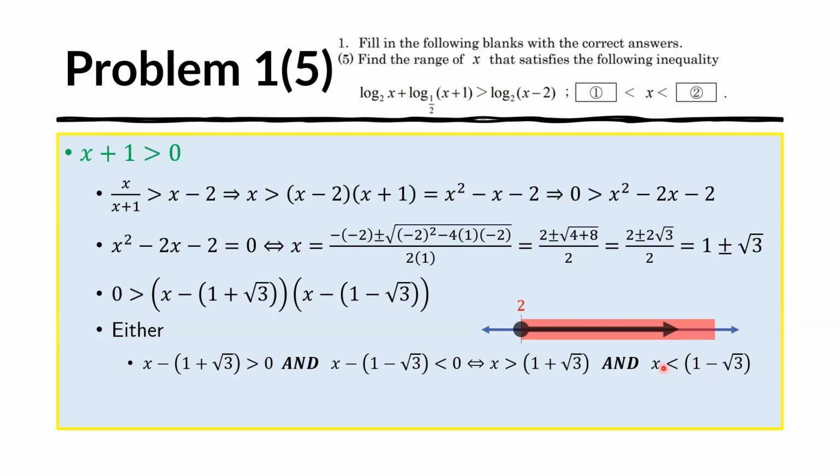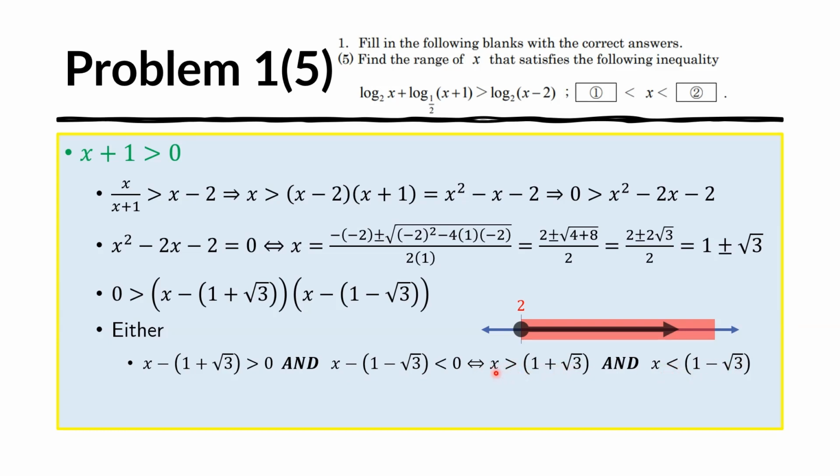Notice that x less than 1 minus square root of 3 cannot be satisfied together with this one. Why? Because both of these must be satisfied, right? Both of them must be satisfied. And the problem here is that we have these two contradicting conditions.